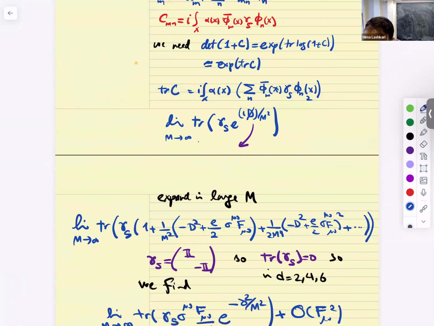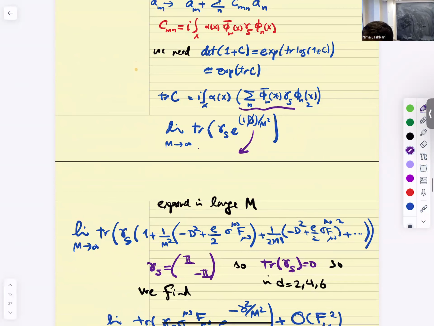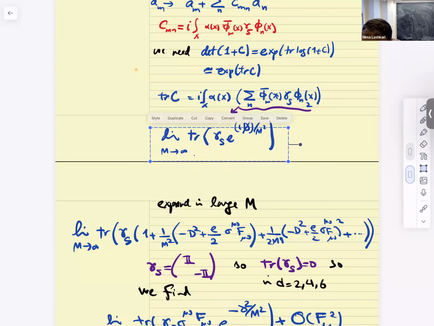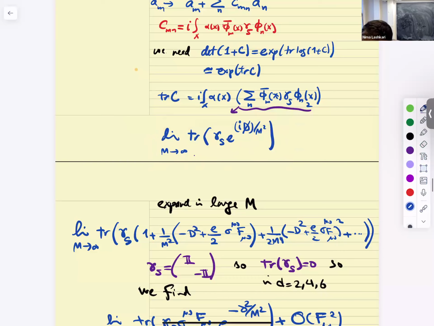So the trace of that. I'm just writing this bit, after I'm taking this bit and regulating it, right? This is the regulator. There should be what? i D-slash squared.